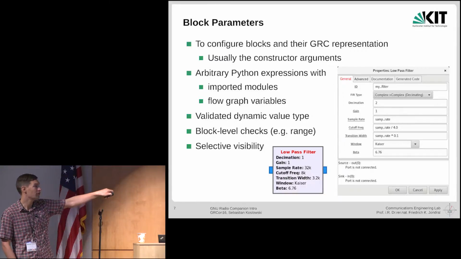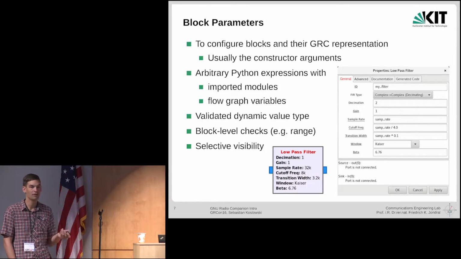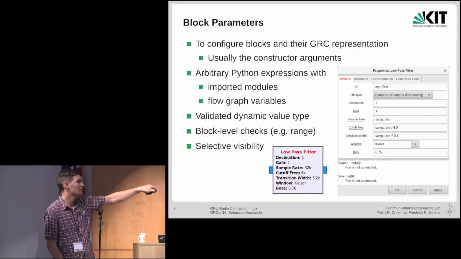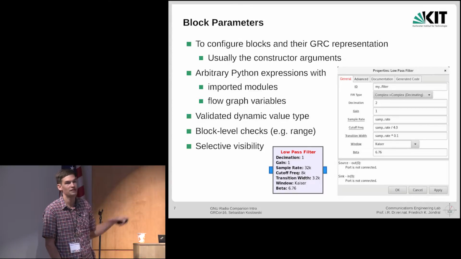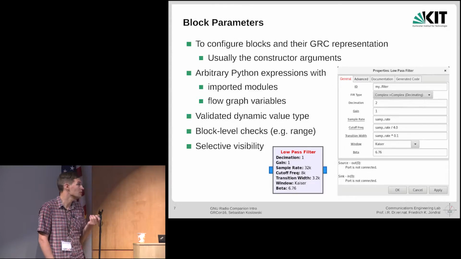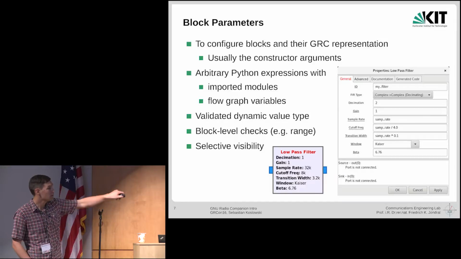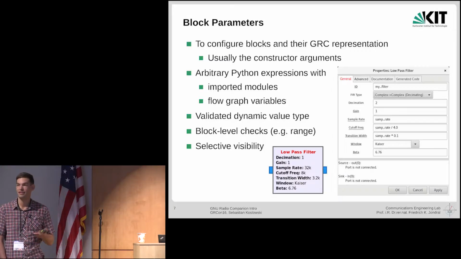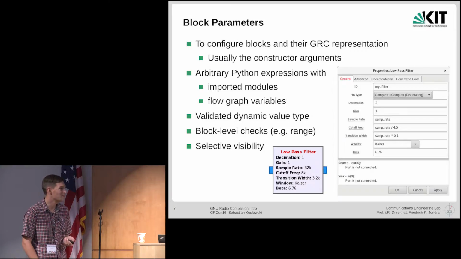You also have block level checks for ranges or combinations of parameters. In this case, it wouldn't make sense to have a cutoff frequency higher than the sample rate. Could do it, but why? All this shows up down here in this little area. And well, while you're designing your application, it's basically the job to keep this empty.